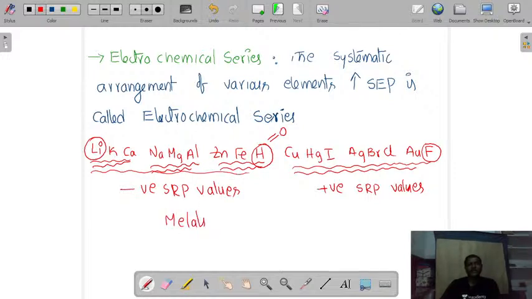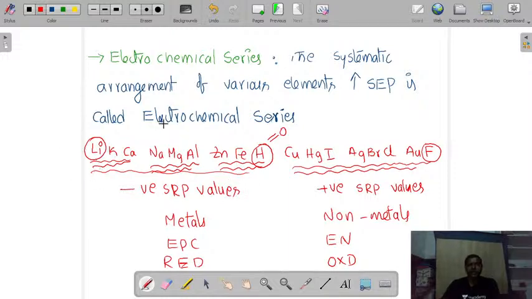Below the hydrogen, most of the elements are non-metals. Generally, metals act as electropositive elements. Non-metals act as electronegative elements. Metals act as reducing agents. Non-metals act as oxidizing agents.